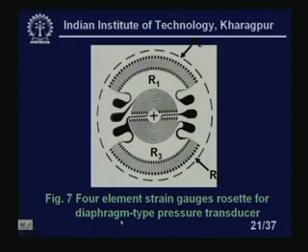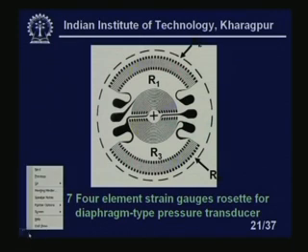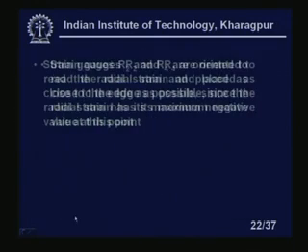Now, you see here, this is at the circumference. This is R2, it is not coming anyway, so I can draw it here.